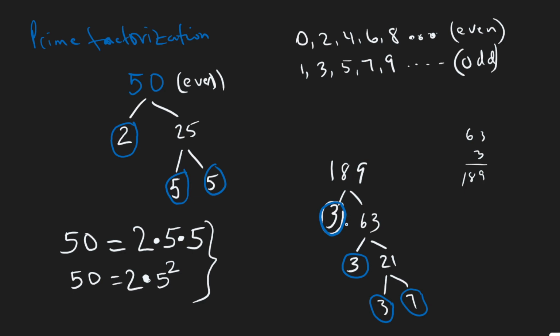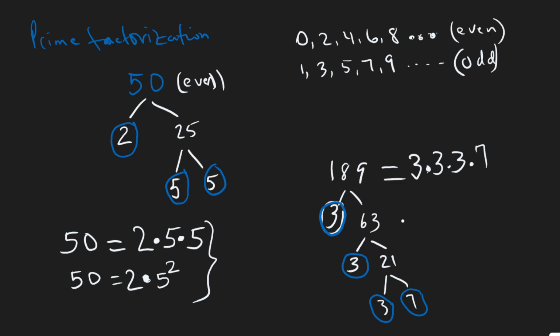And the last thing we have to do is to rewrite 189 into its prime factors. So I'm going to take 189. This is equal to 3 times 3 times 3, right? So it's all multiplication. 3 times 3 times 3, 1, 2, 3 threes, times 7.